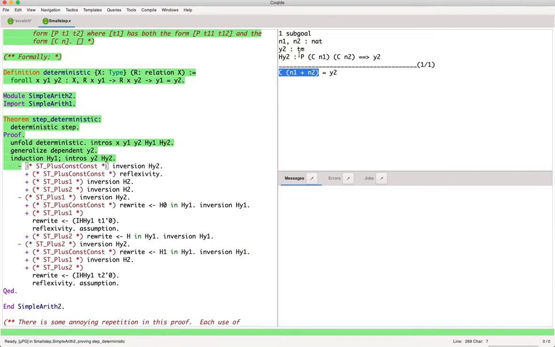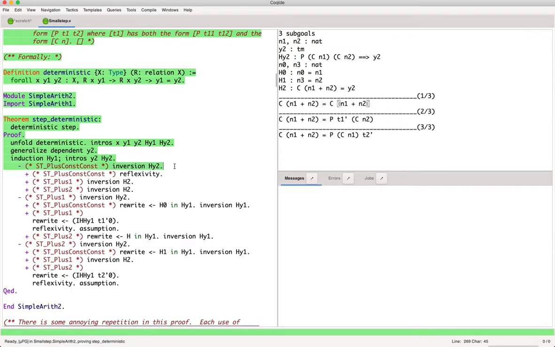Okay, so if we do inversion on this rule here, we get the constraints that must apply if this step is to exist. So that's going to be that the y2 has to be this sum again. And now we can see in the first goal that both of them are stepping to the same thing. So this is easily solved by reflexivity.